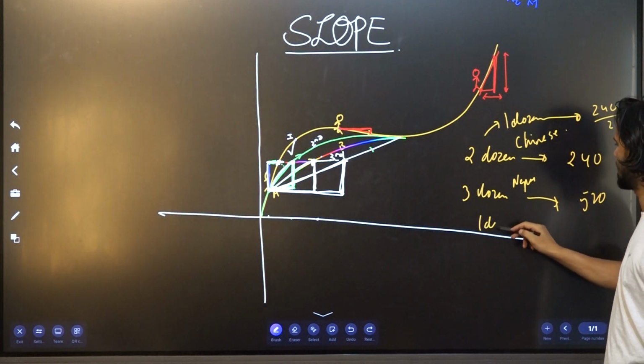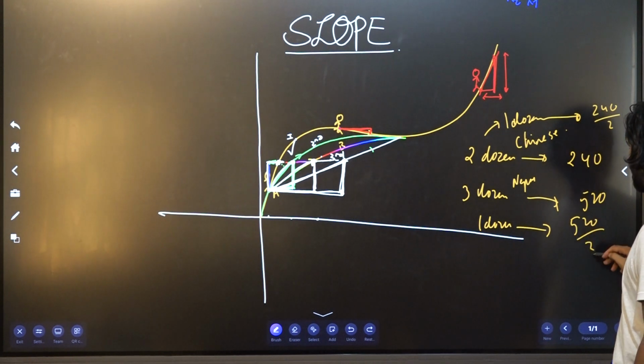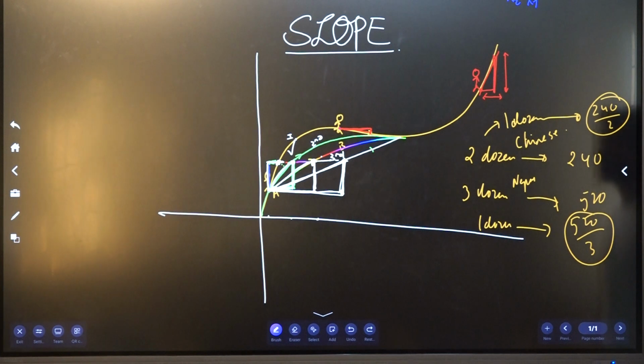Similarly, 1 dozen Nepali is 520 divided by 3, which is 173 point something. So which one is more expensive? This one is more expensive.